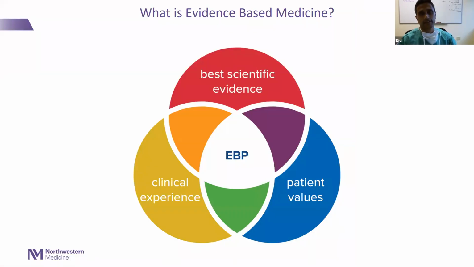So evidence-based medicine is a combination of three things: the best scientific evidence, along with the practicing clinician's clinical experience, combined with patient values. The best clinical practice comes from combining all these elements together.